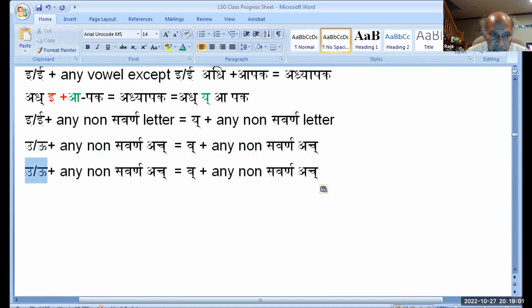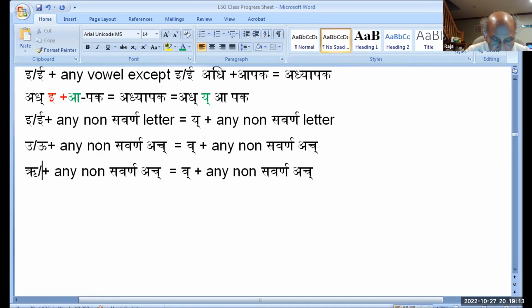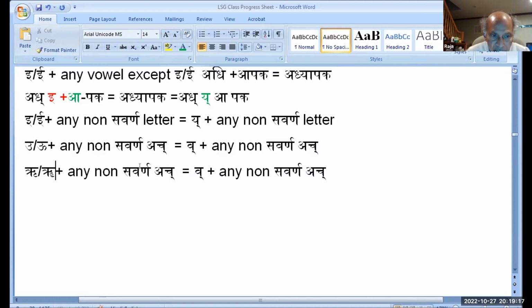Likewise Ru, or the long form of Ru, and this is replaced by Refa only.